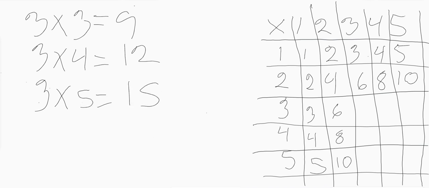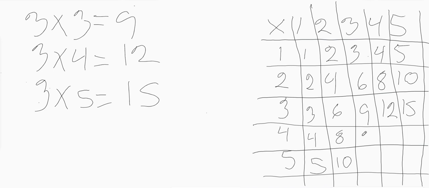Now I know this because I've spent a number of years doing math. But you get 3 times 3 is 9. 3 times 4 is 12. 3 times 5 is 15.